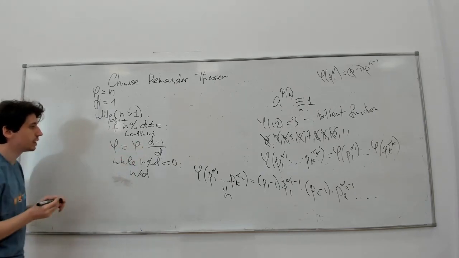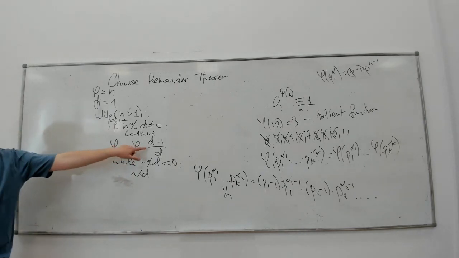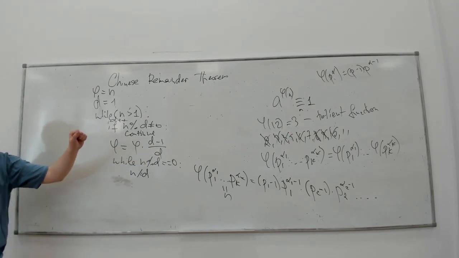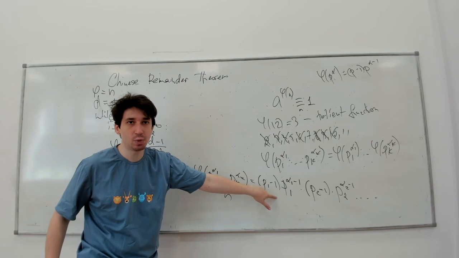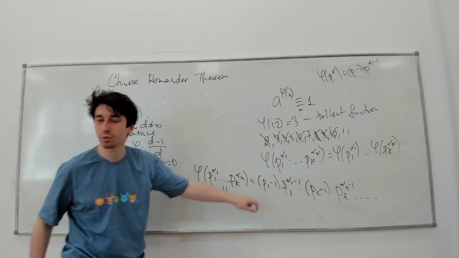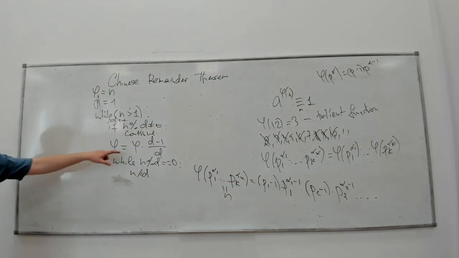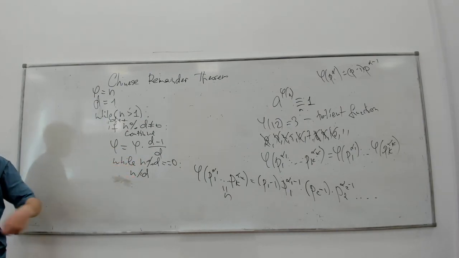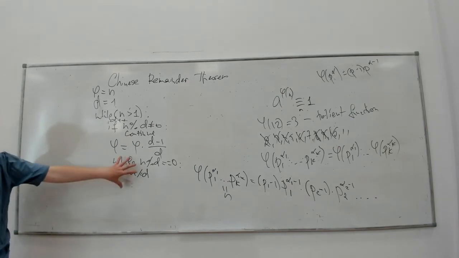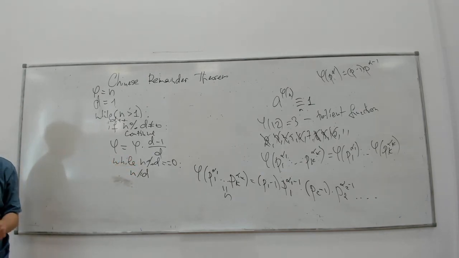We multiply phi by d minus 1 divided by d, exactly as we want to divide by p1 and multiply by p1 minus 1. Then we divide by d as much as we can, because I only care about prime numbers. If I take all the d's away, then the next divisor will be exactly a prime number.